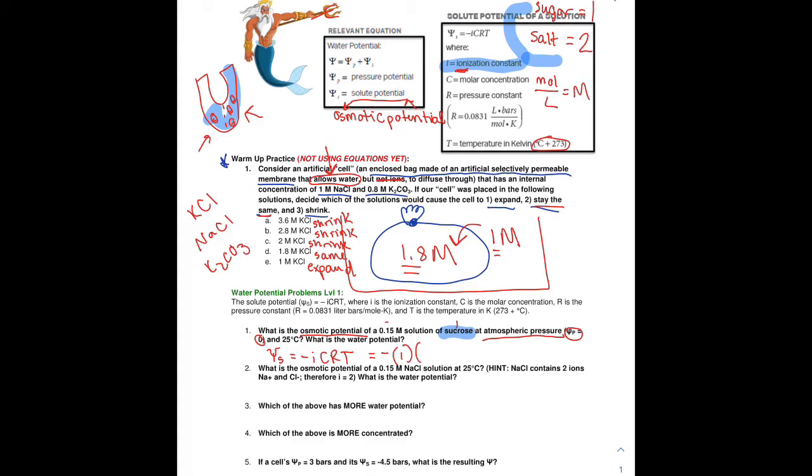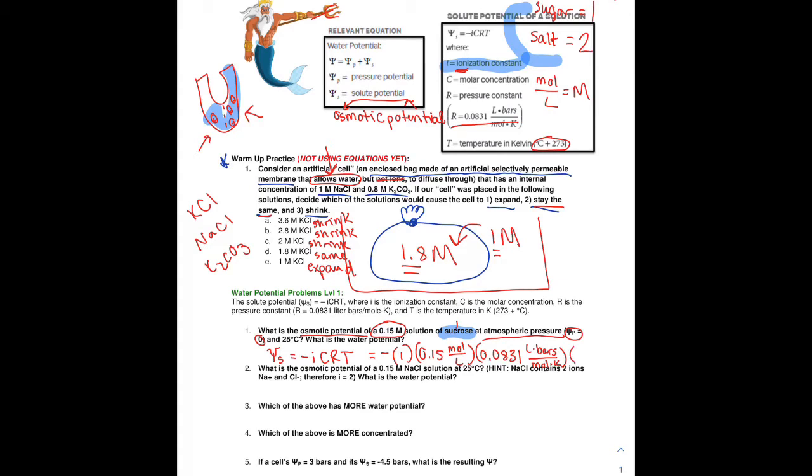All right, so down here, sucrose, we know our i value is 1. C is given to us here, 0.15 moles per liter. And that's important because I want y'all to see how your units cancel and what you're left with. R is our constant, 0.0831.